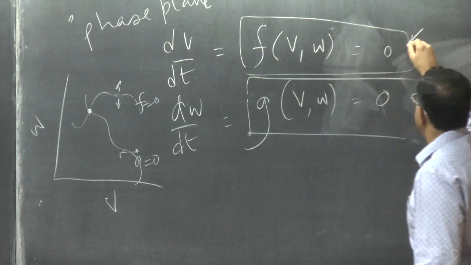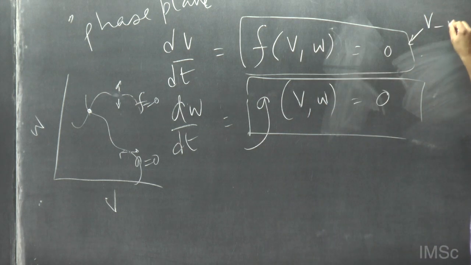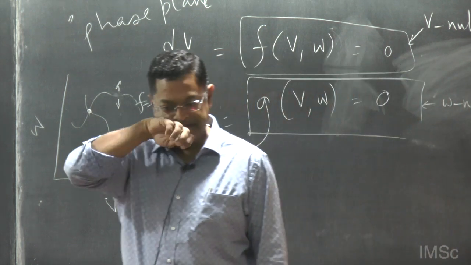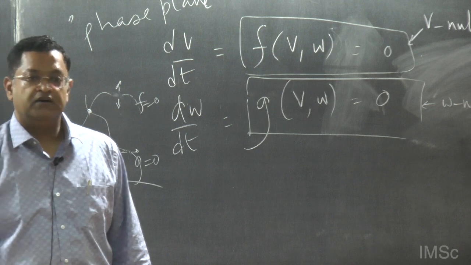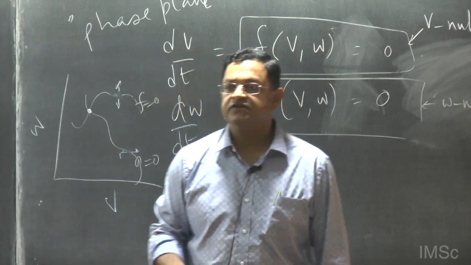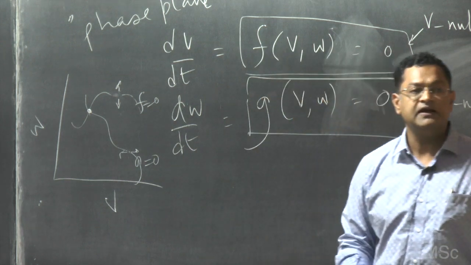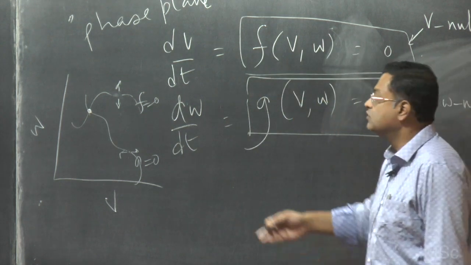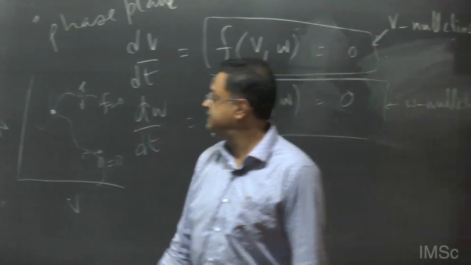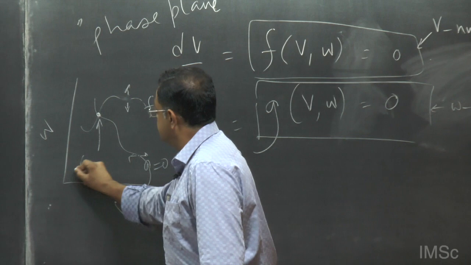This curve will be called the V nullcline, and this curve will be called the W nullcline. The notation is fairly self-evident for why we call it that. And at the point of intersection of the W nullcline and the V nullcline, you have stationarity with respect to both V and W, and therefore this is going to be a fixed point.